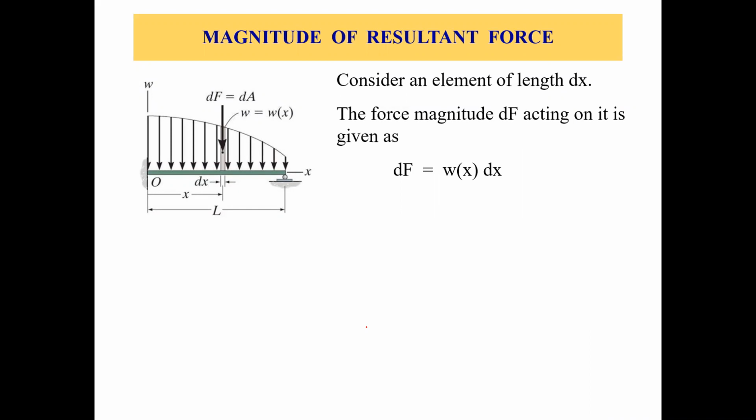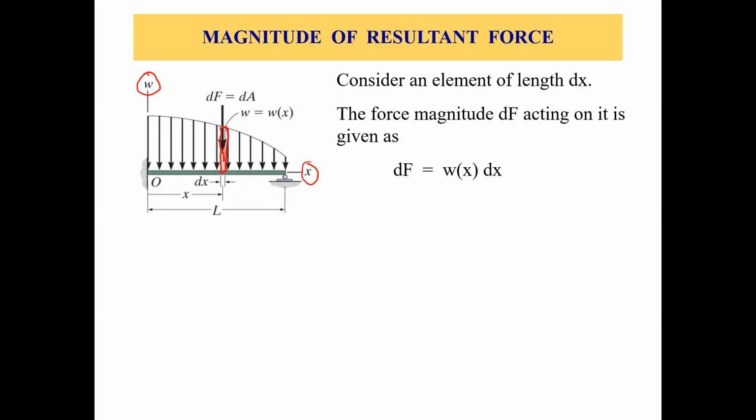All right, so this is the beam, same beam again, with a length of L, right? And the longitudinal axis is X, and this is the W axis, or the magnitude of distributed loading. Okay, now consider an element of length dx. So let's take this small element with a length of dx, right?